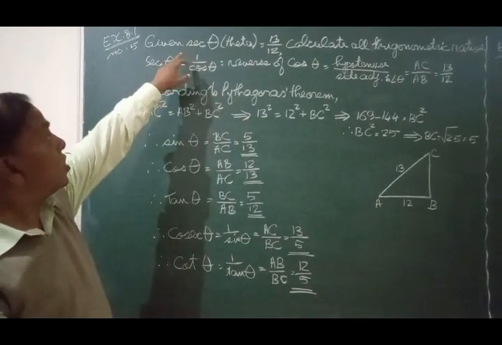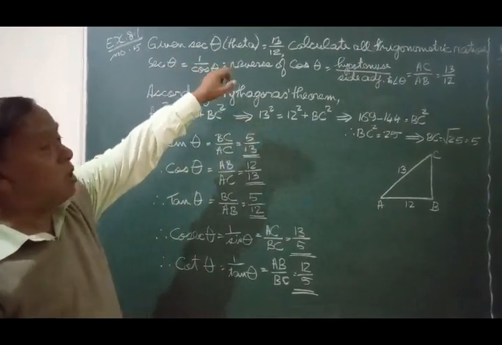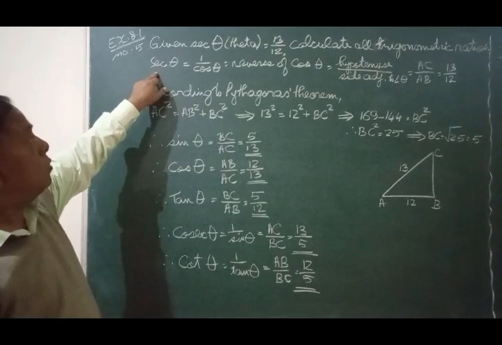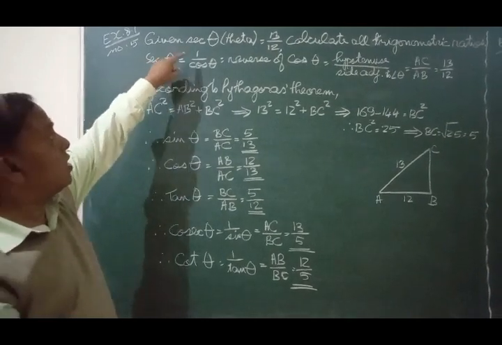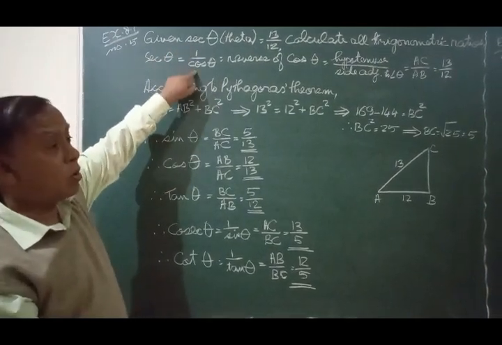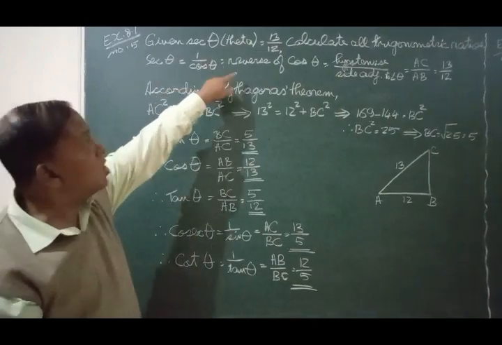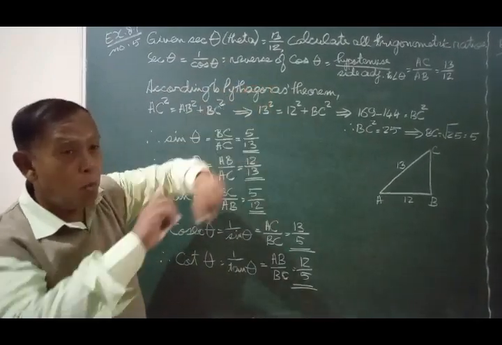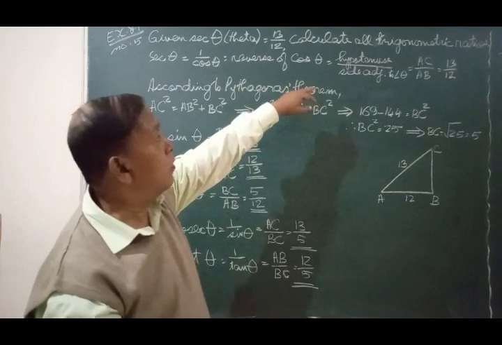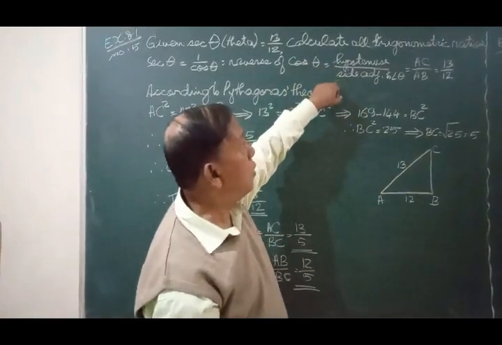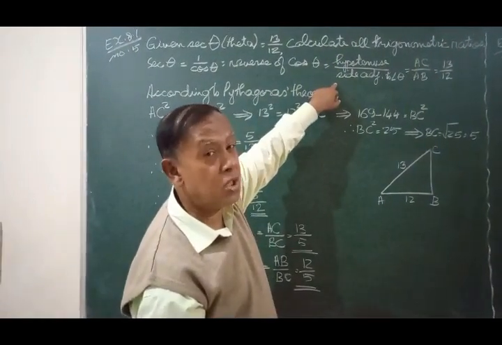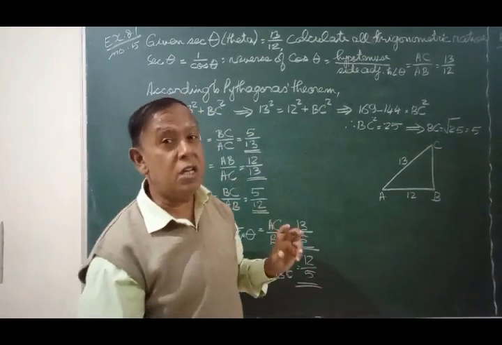We are given sec theta is equal to 13 upon 12. And what's the meaning of sec theta? It is the same as 1 upon cos theta, the reverse of cos theta, and therefore we have hypotenuse upon side adjacent to theta. What do you mean by theta?